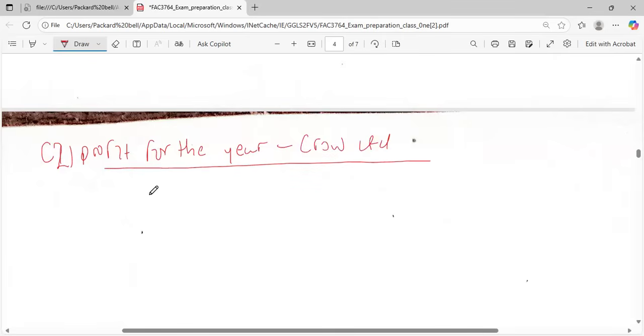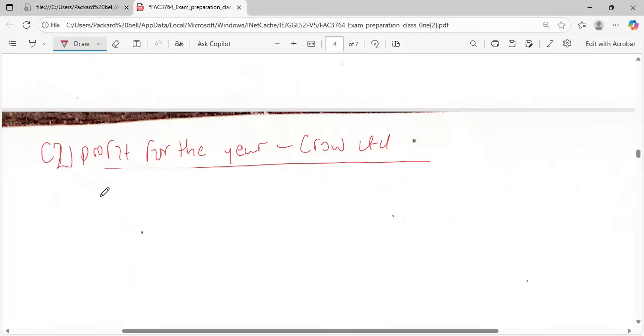So let's do a C1 for profit for the year. No, it's our C2, C2. So we need to do the profit for the year for Crow Limited.